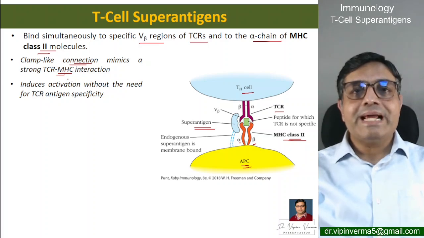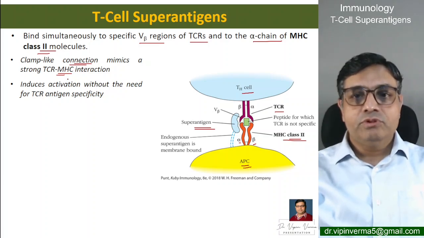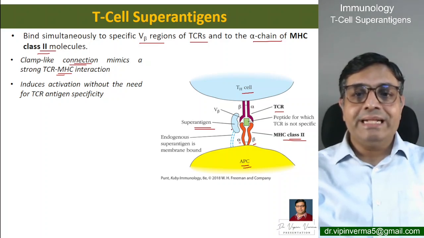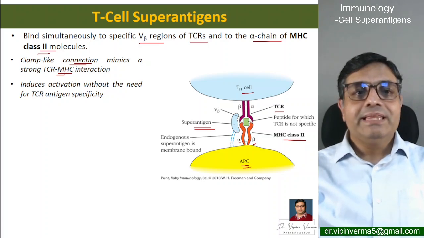So this interaction between the T helper cell and the APC is fortified by the super antigen, which induces the activation without the need for TCR antigen specificity.